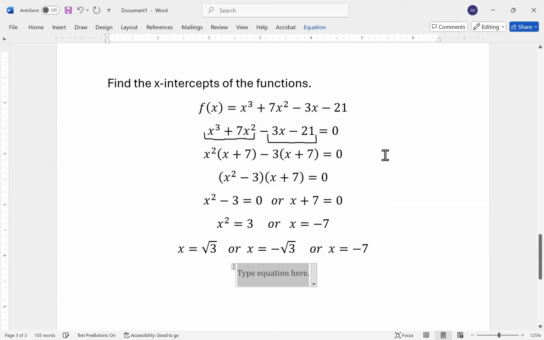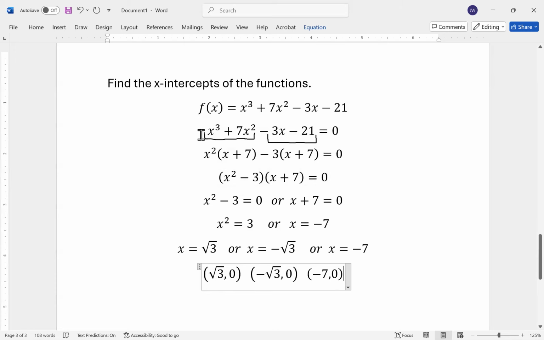That means there are 3 x-intercepts, one of which is the square root of 3, 0. The other is negative square root of 3, 0. And the last is -7, 0.